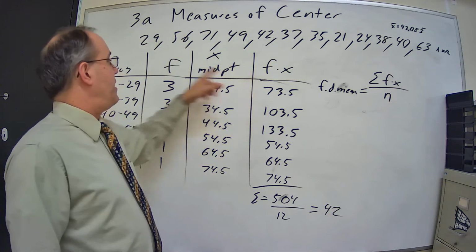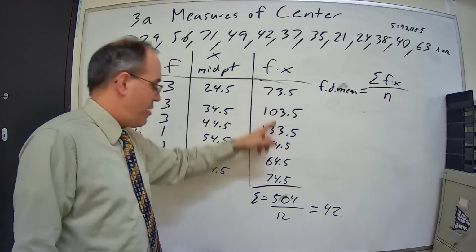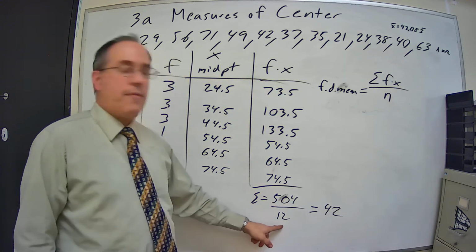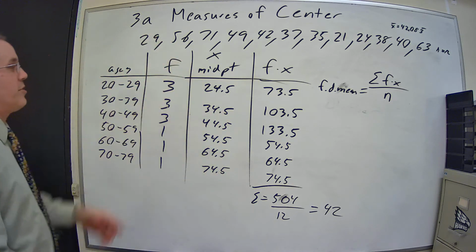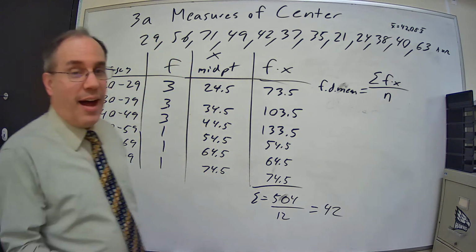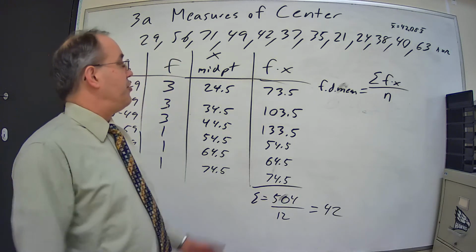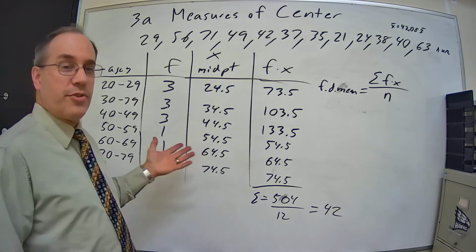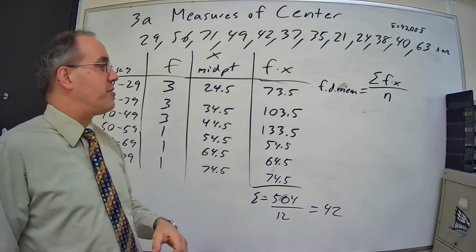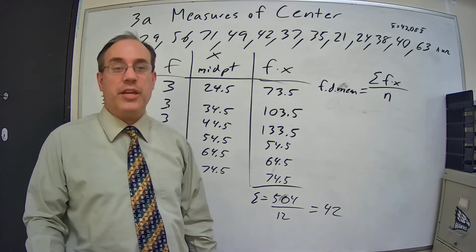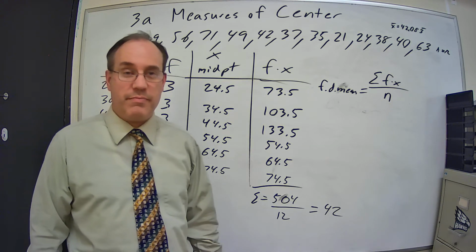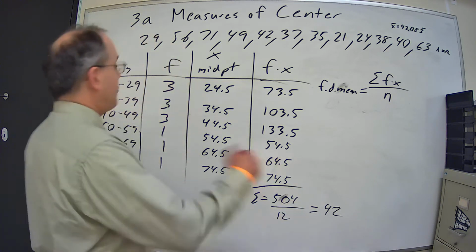We multiplied f times x, then we added them up, and we divided by n. And that's how we get a frequency distribution mean. I think it's pretty cool. You can take a distribution of data and not know what the original values are, and you can get a pretty good approximation of what the mean of the original data was. Frequency distribution mean.